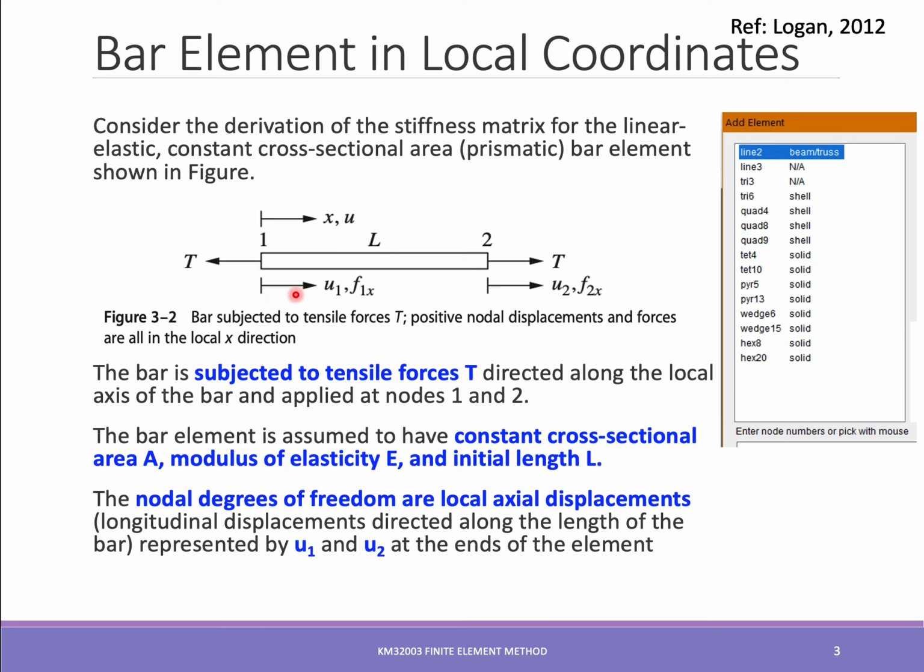It causes certain displacement at node number 1 and node number 2, U1 as well as U2. At the same time, there might be forces acting at node number 1 and node number 2, denoted by F1x and F2x. The direction of movement is along the x direction, or along the axis of the bar element.